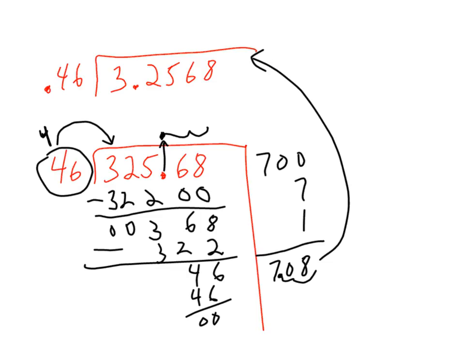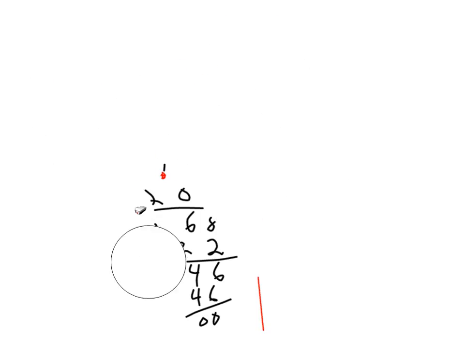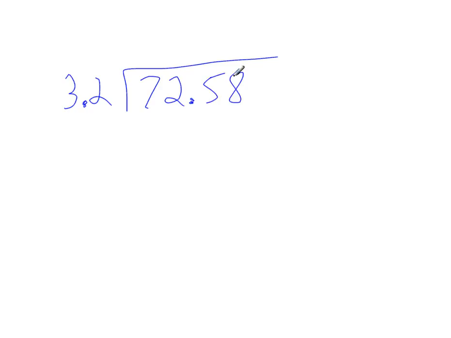Let's try it again, and this time perhaps we'll get a number that has a remainder. All right, let's try this one. 3.2 divided into 72.58.